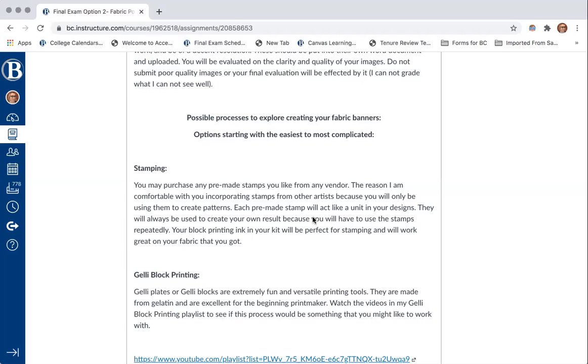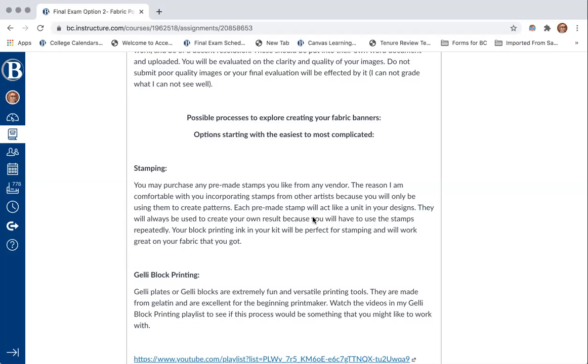And so you would just lay the printing ink out on a slab, and by slab, even just a piece of glass would be fine. And then just dip the stamps into the ink and then print with the stamps. A pre-made stamp could even be something like the bottom of a shoe. A pre-made stamp could even be something like your fingerprint.